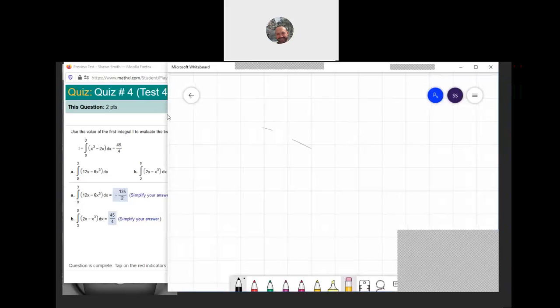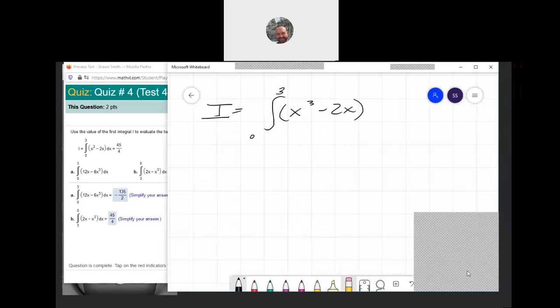All right, so part A. We're given one integral, I, from 0 to 3 of x cubed minus 2x dx, which is equal to 45/4.